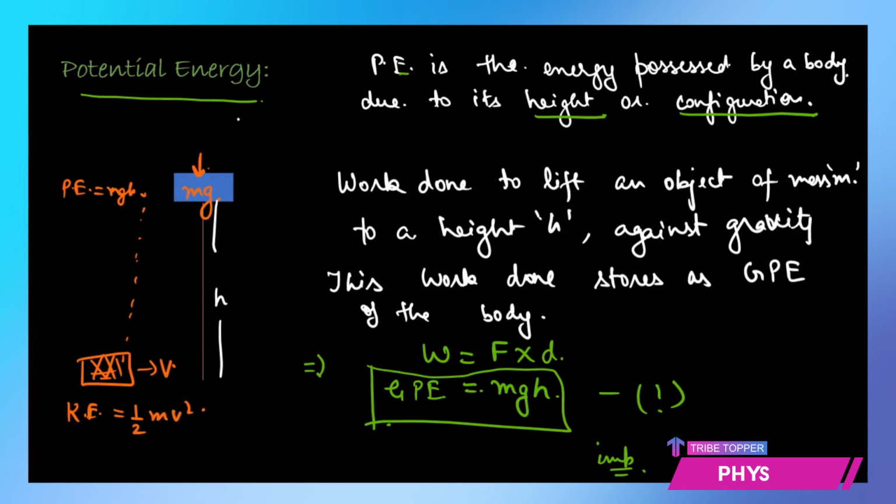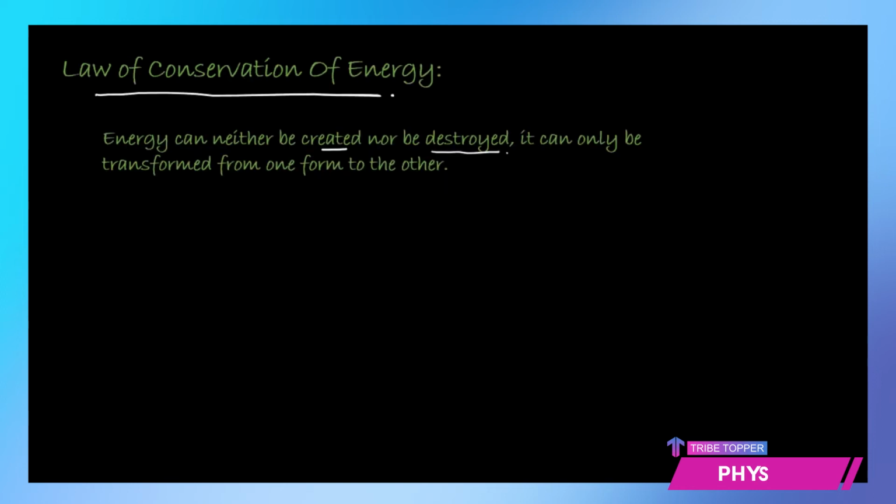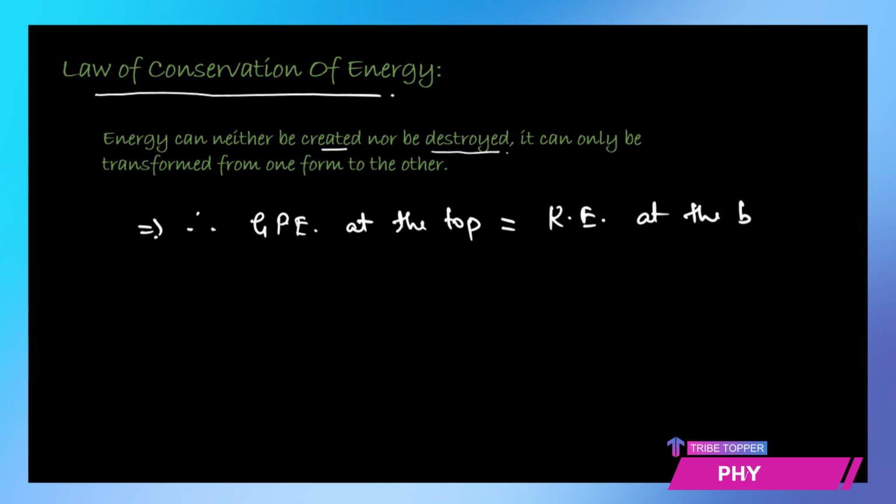So a very important application of the law of conservation of energy, which you'll be using most of the time in solving your problems, is that the gravitational potential energy at the top is going to be the kinetic energy at the bottom. But please remember, this will be applicable only when it is given in the question that no energy is lost.